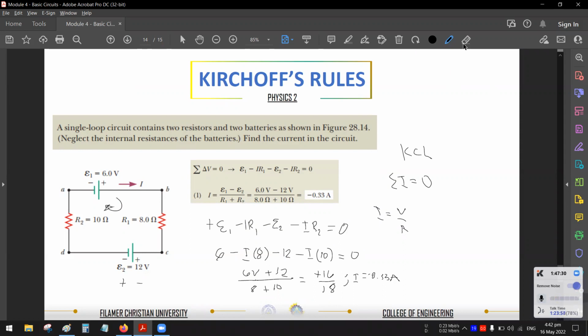So, you will now have your 18 over 18 or yung current mo is 1 ampere. If yung polarity ng voltage source mo dito na 12 volts is the same as dito, yung direction niya. Okay? So, meaning negative, positive, tapos negative, positive. That's what I mean.